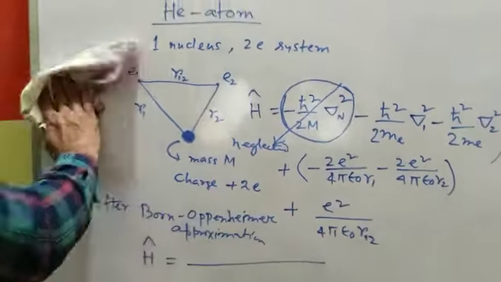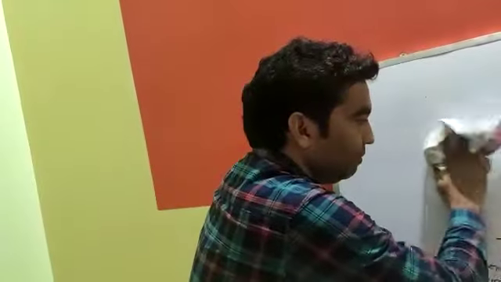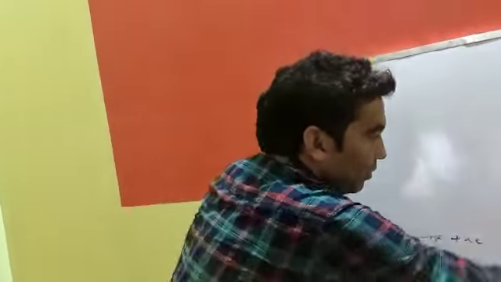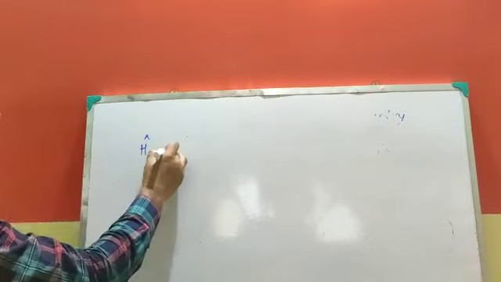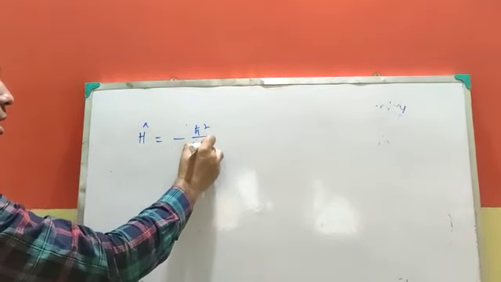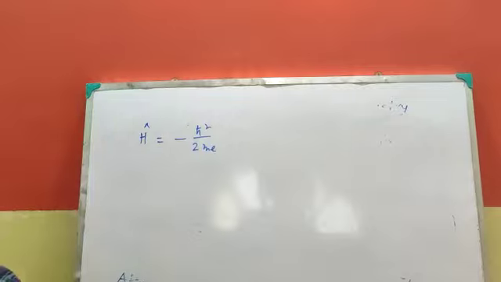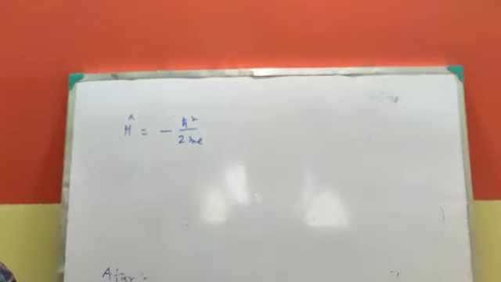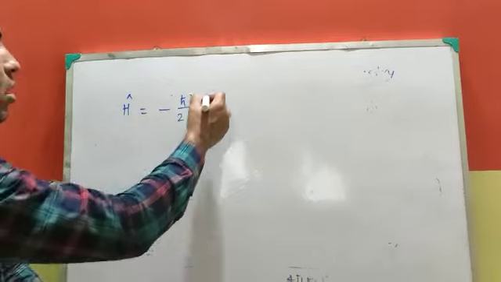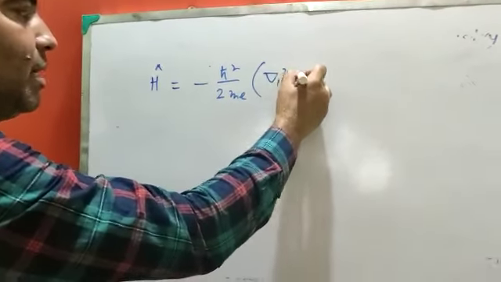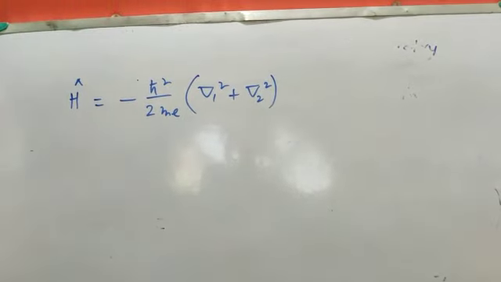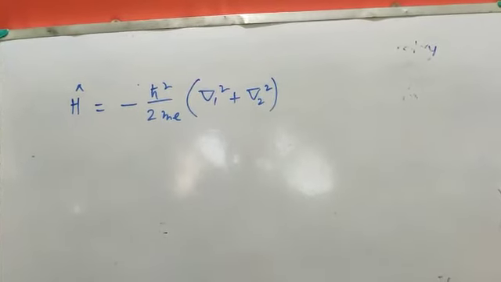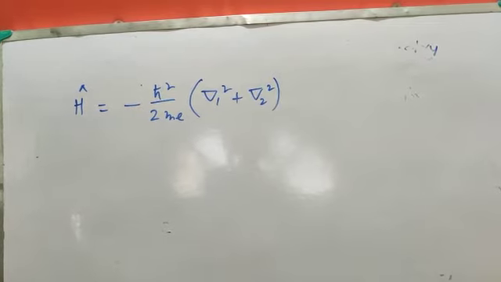Now if you take the Hamiltonian, it takes the form: H operator is basically now minus ħ² by 2mₑ (∇₁² + ∇₂²). These are the two kinetic energy parts of the electrons, and there is the potential energy part.